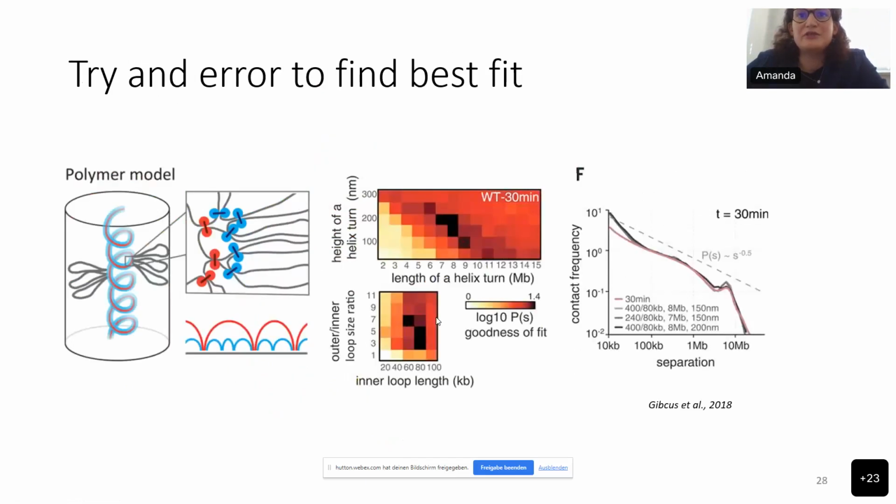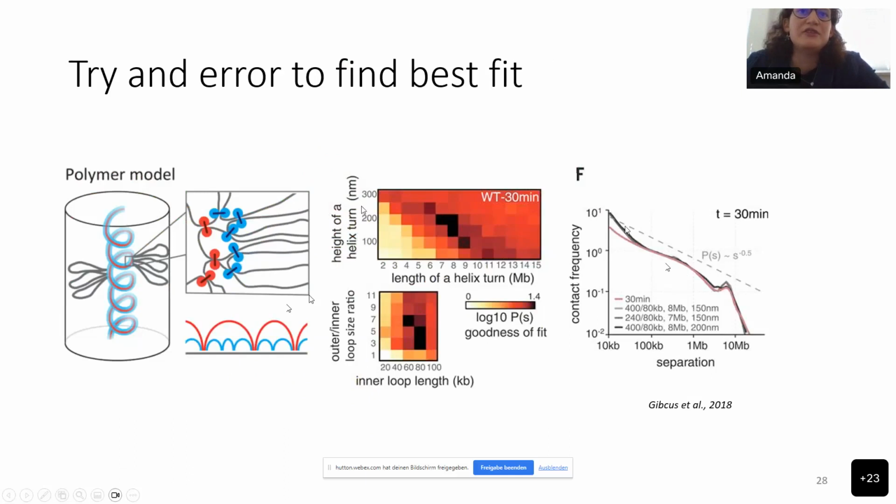So we took this model. Assuming this model, you can then take further parameters from the Hi-C contact probability. You can adjust a model where the contact probability would fit the experimental contact probability.